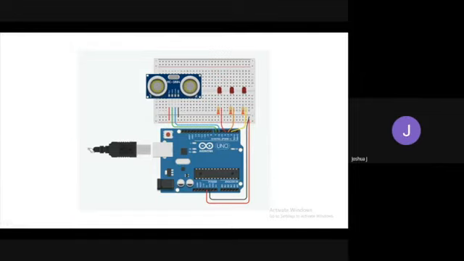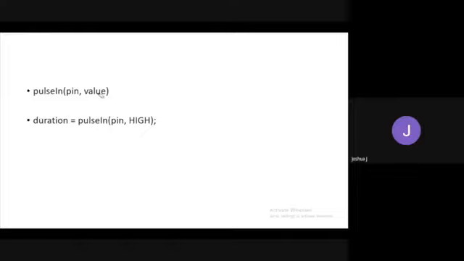Inside that function we have to pass the pin number which I am going to observe. Here the echo is pin number 6, so I have to put 6 over here. Then I have to specify the value I want to measure: if I'm going to monitor a logic high, the duration of a logic high or logic low.